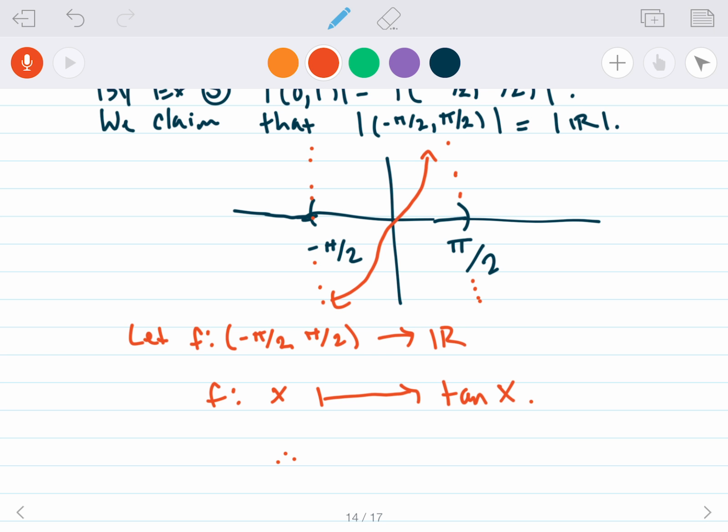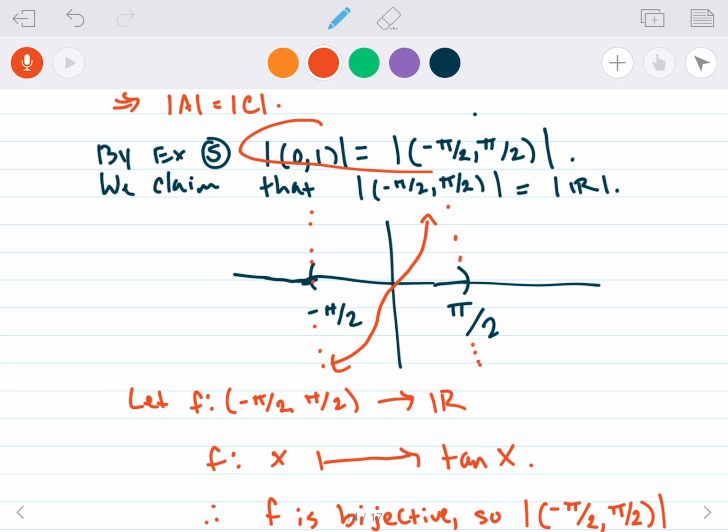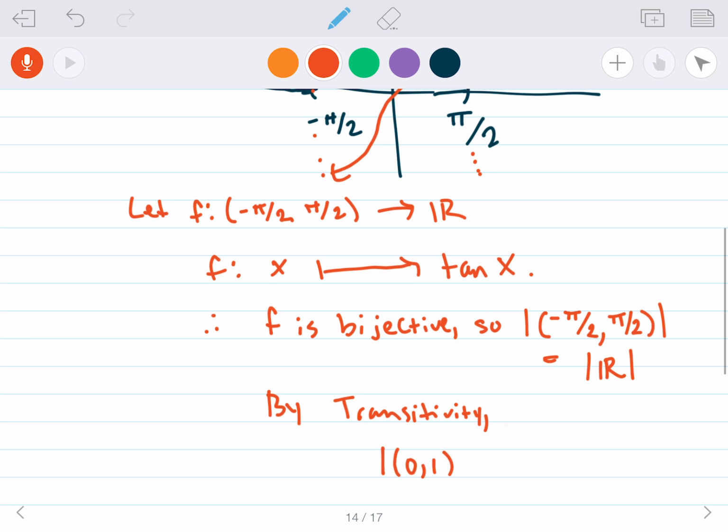But now, assuming that this is bijective, the cardinality of negative pi over 2 to pi over 2 is equal to the cardinality of R. And since we know that the cardinality of negative pi over 2 to pi over 2 is also equal to the cardinality of 0 to 1, then by transitivity, it follows that the cardinality of 0, 1 is equal to the cardinality of the reals. And that's crazy.